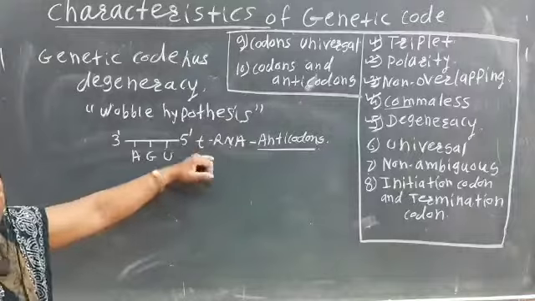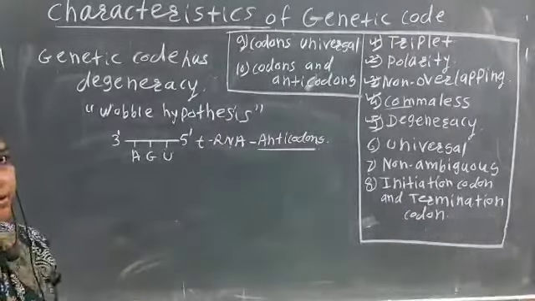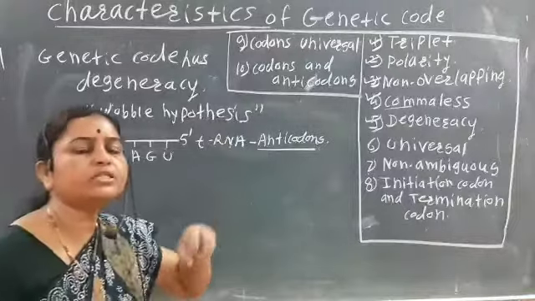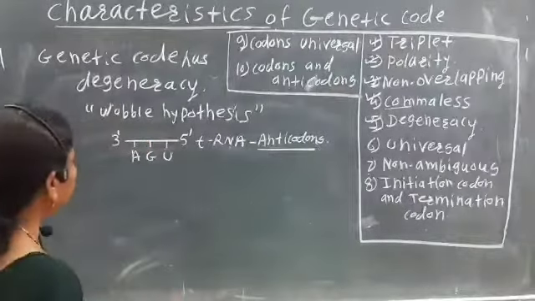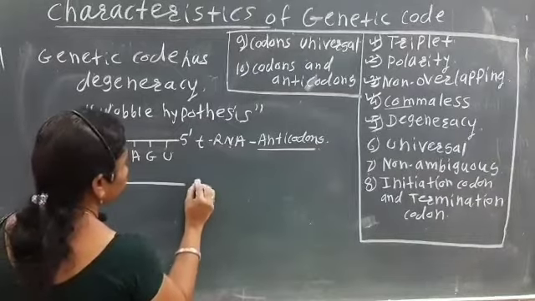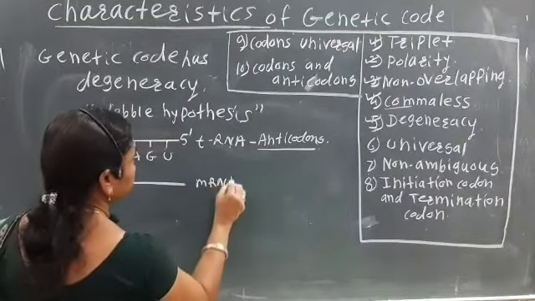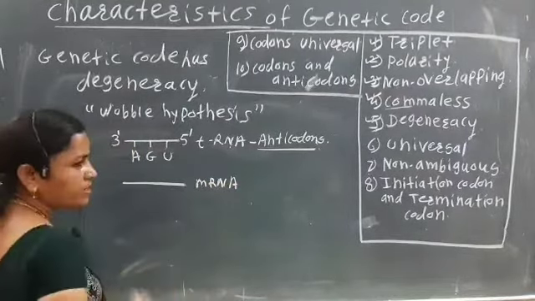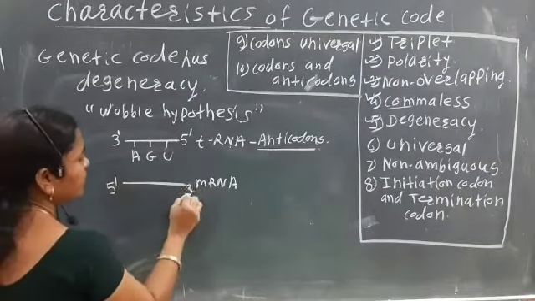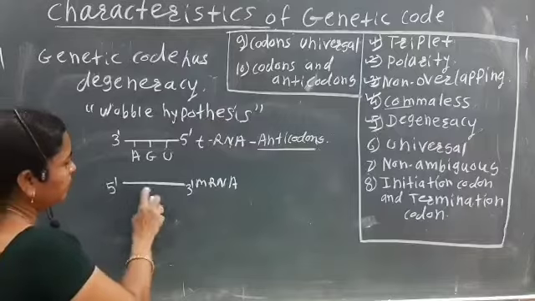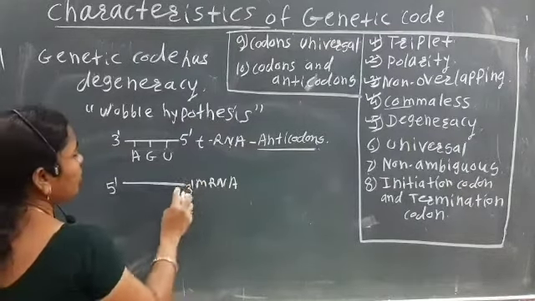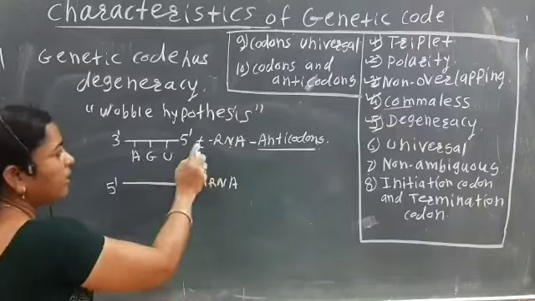Okay, when the tRNA anticodons pair with the codons present on the mRNA, on the mRNA the codons are always read from 5 prime to the 3 prime end. Here the codons are complementary to the anticodons.